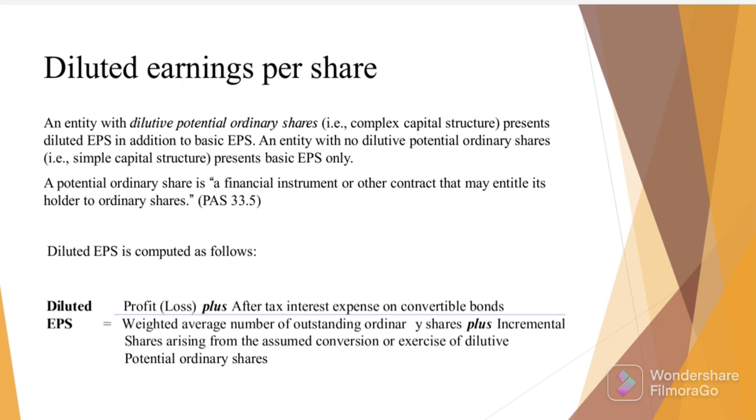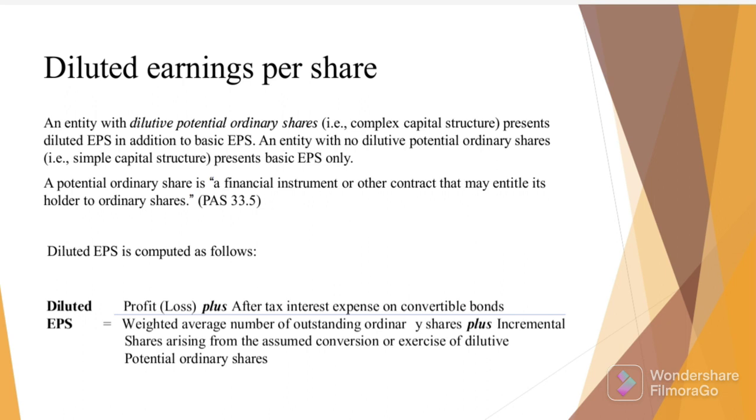Instrument din to na kino-convert into the issuer's ordinary shares na mapasa kanila. Example din ng potential ordinary share is yung options, warrants, and their equivalents. Financial instrument din to na nagbibigay ng right sa holder para mabili or mag-acquire ng ordinary shares.